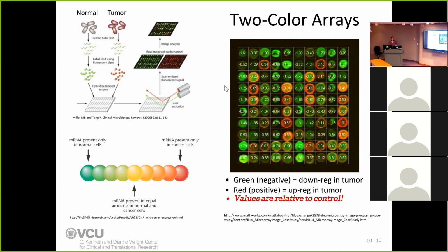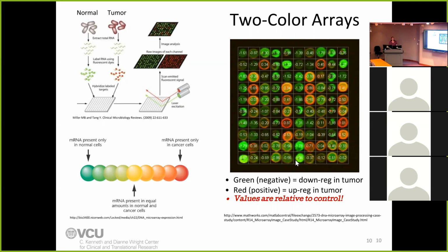So here, if you have genes that are expressed only in your normal sample, those cells are going to appear mostly green. If you have genes that are expressed only in your cancer sample, those cells will be mostly red. And if they're expressed in both, it's going to look mixed or yellow.